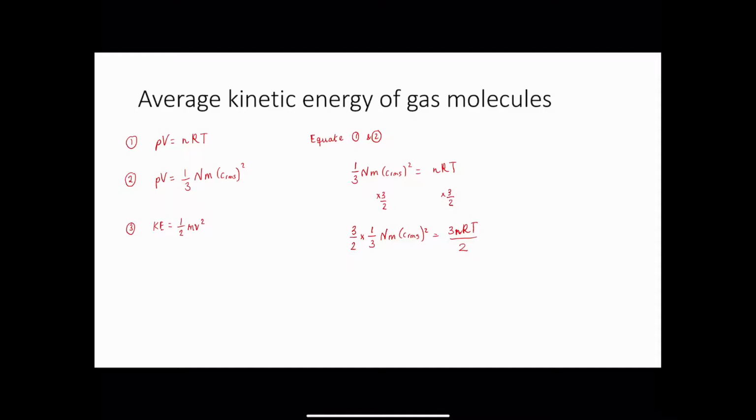Once we cancel all that, or work out what we've got on the left-hand side, we're left with 1/2 nm CRMS squared is equal to this. And we want to get rid of the n from that side of the equation, so we're going to take it over to the other side. Therefore, we end up with something that resembles our kinetic energy equation.